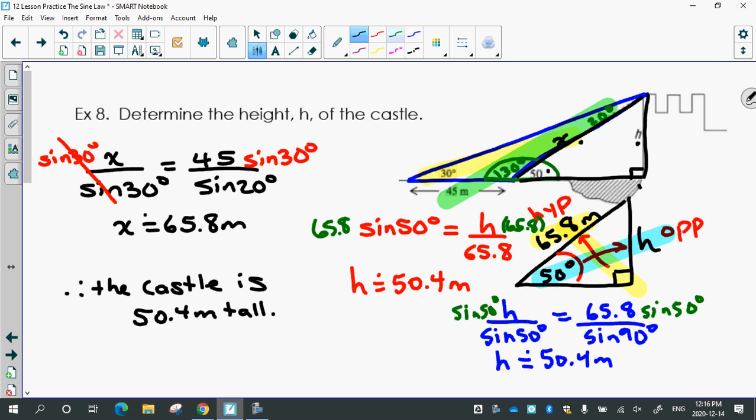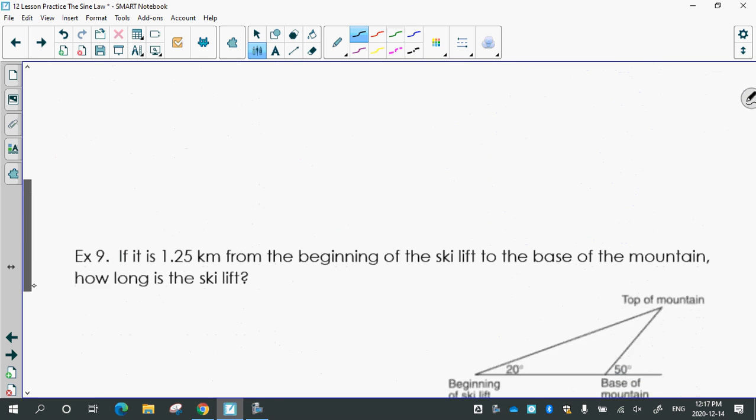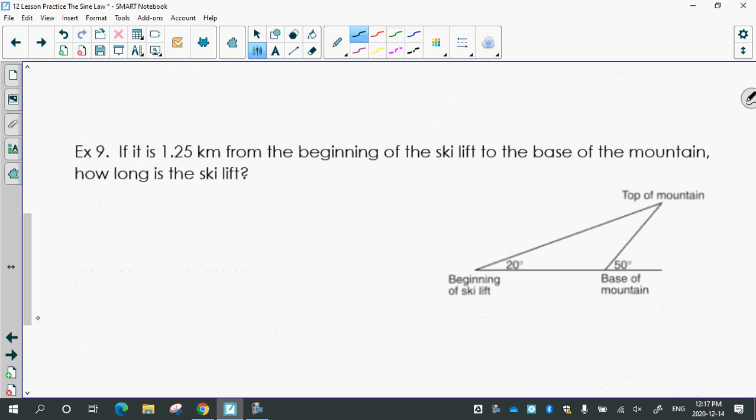Our last one. If it is 1.25 kilometers from the beginning of the ski lift to the base of the mountain, so that's here, how long is the ski lift? So X would be there. As it stands right now, do we have a side angle pair?